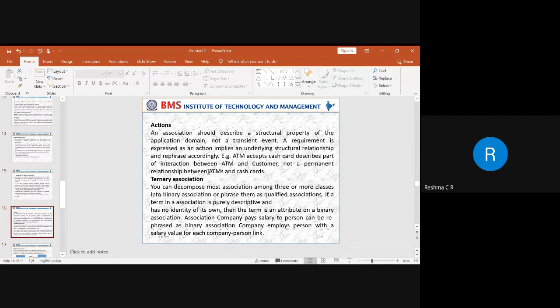Once the machine accepts all the details of the customer, the customer is no longer interacting with the ATM machine. In turn, the ATM machine will interact with the bank consortium. It will have access to all the details of the customer. It will validate whether the customer is an authorized person. If he is an authorized person, the further transaction will be carried out. That is what the action says.